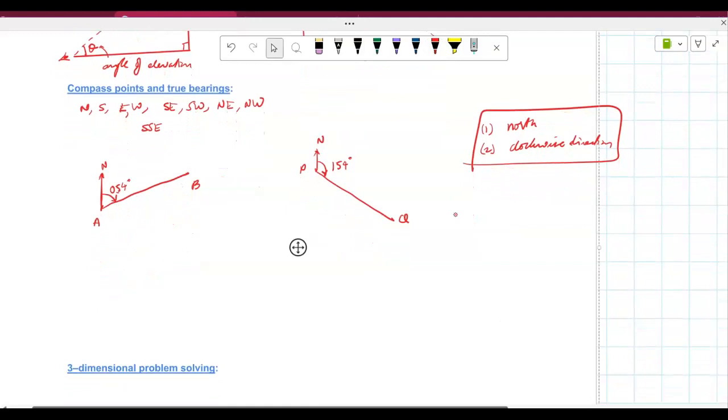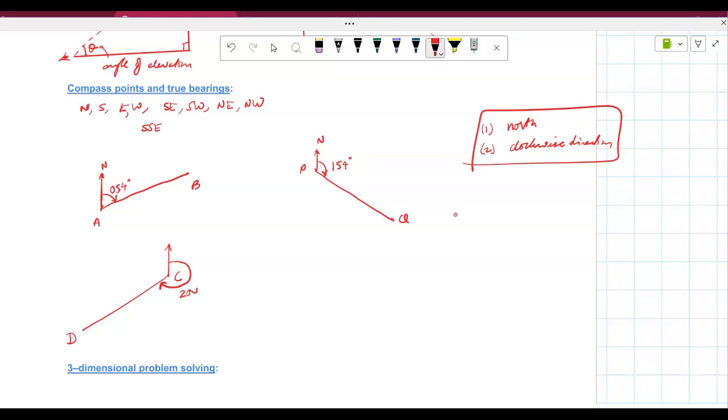You can also have the bearing of D from C. This angle. So what does that mean? Let's say 200 degrees, 180 and more. So these are known as bearings.